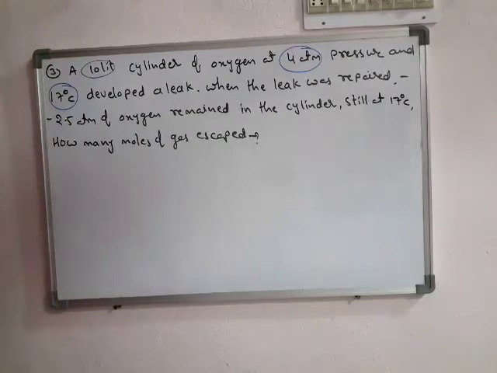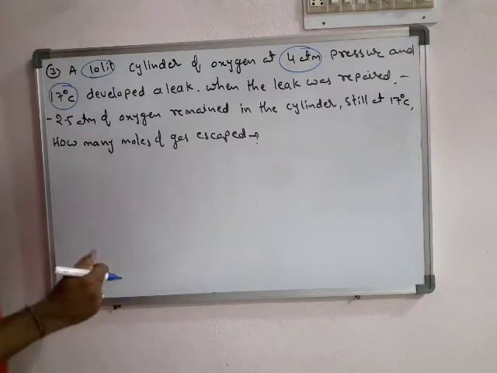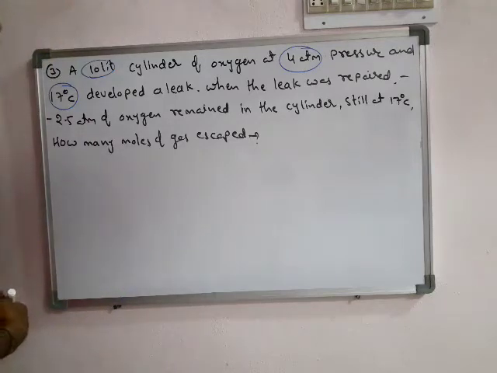Then we need to find out how many moles of gas escaped. The pressure changed from 4 atmosphere to 2.5 atmosphere, and with no change in temperature, we need to find how many moles of gas escaped outside.